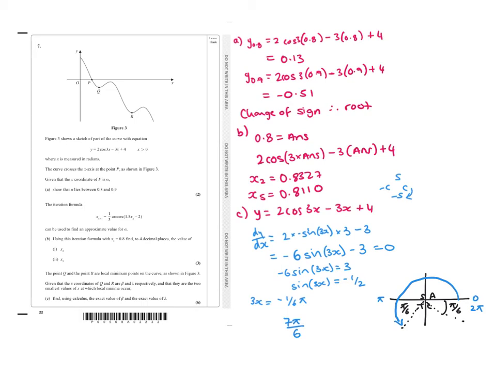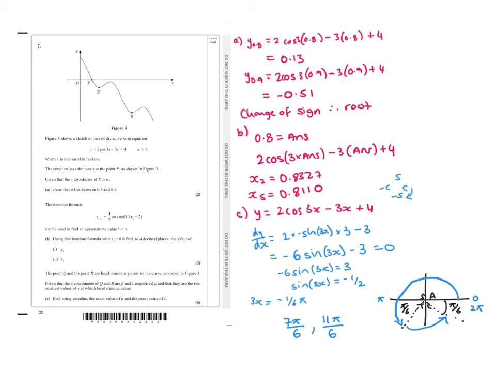Okay, and then we're going to look for our next solution, which is here, which is 2 pi minus pi over 6. 2 pi minus pi over 6 is 12 over 6. I'm going to get 11 pi over 6.